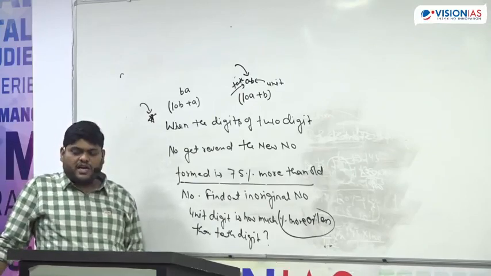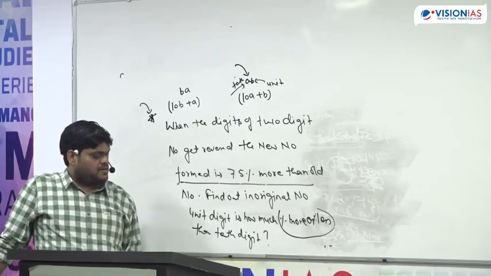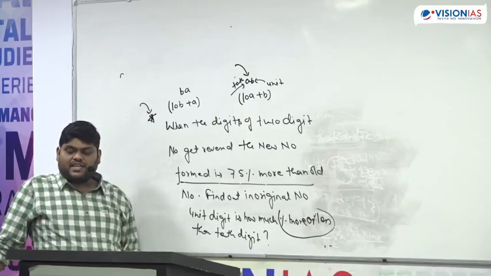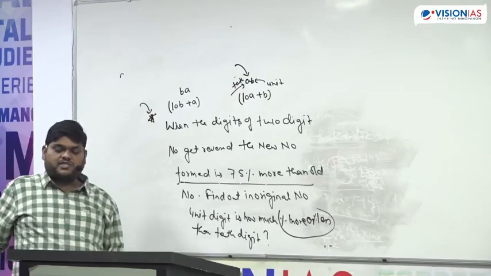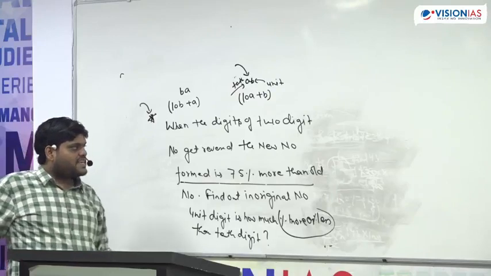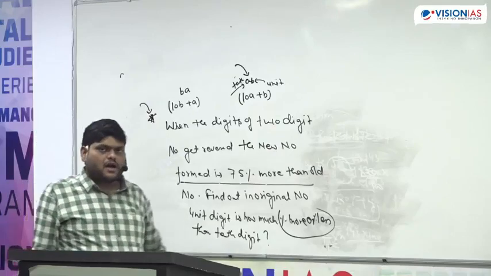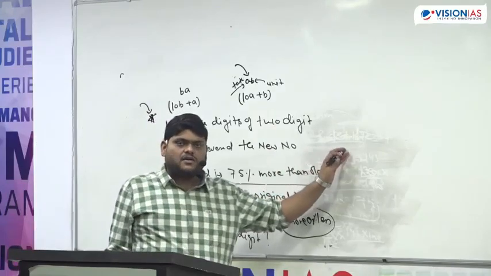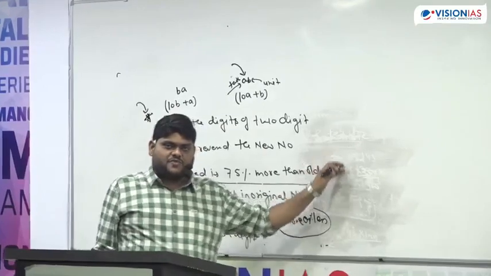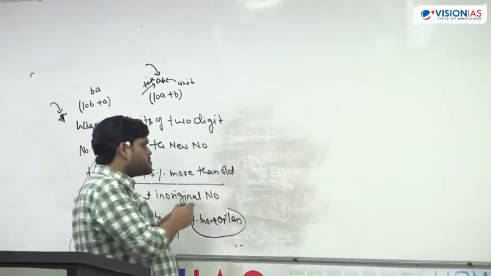Find out, in the original number, the unit digit is how much percent more or less than the tenth digit. Okay, I hope this side is visible.